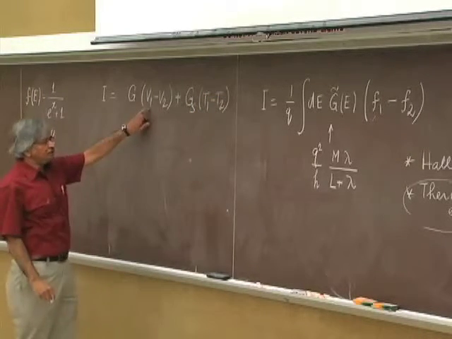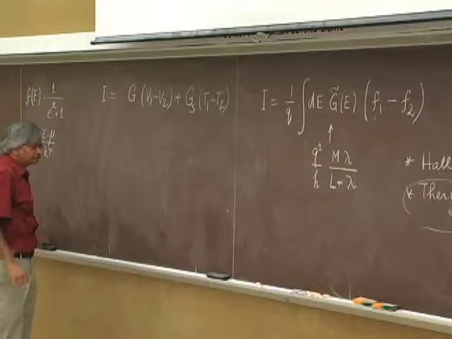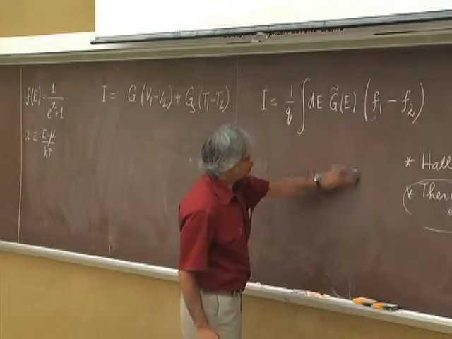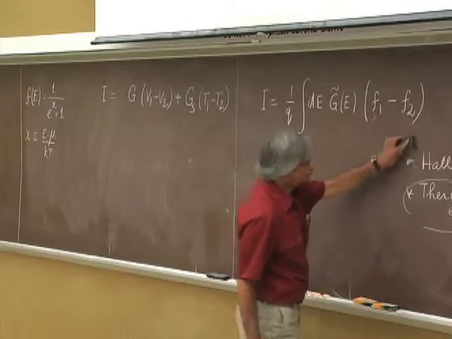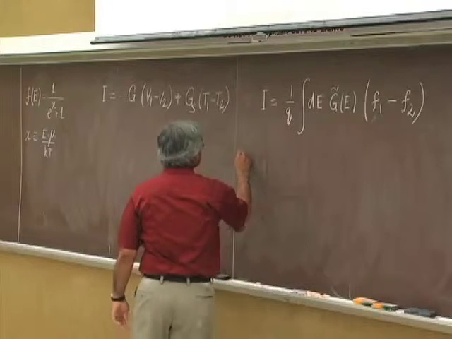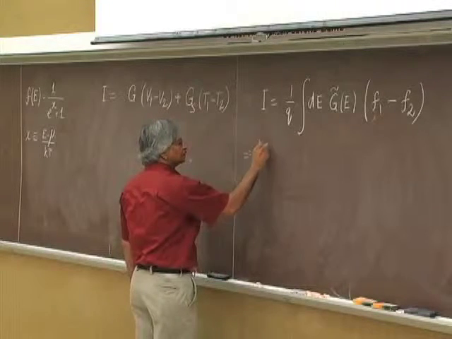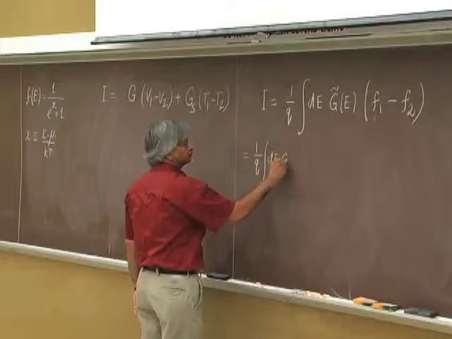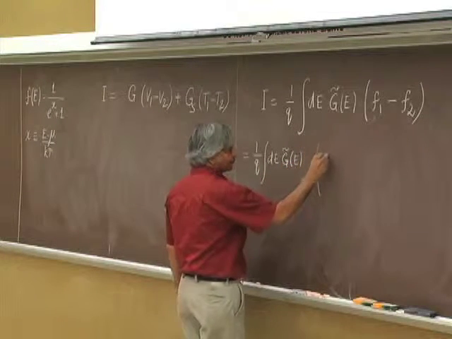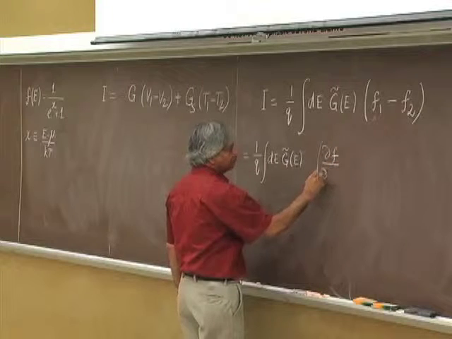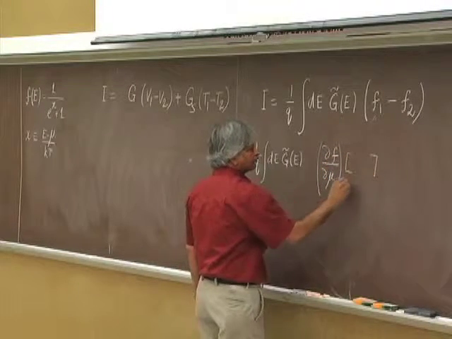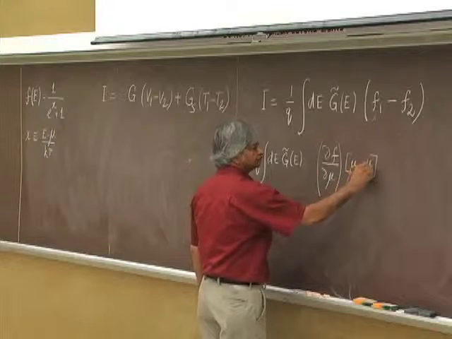Now the way we got the G, if you remember, was this: we wrote 1 over q integral dE, and then for F1 minus F2, I said let's write it as del F del mu, which gets multiplied by (mu1 minus mu2).